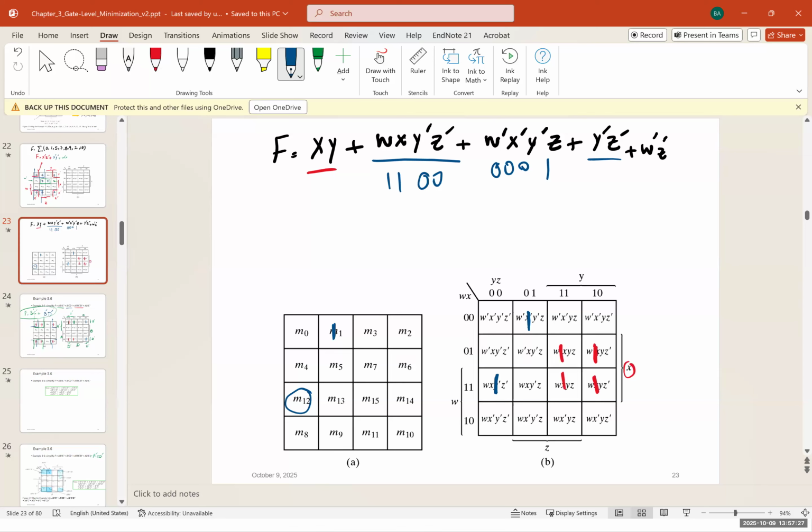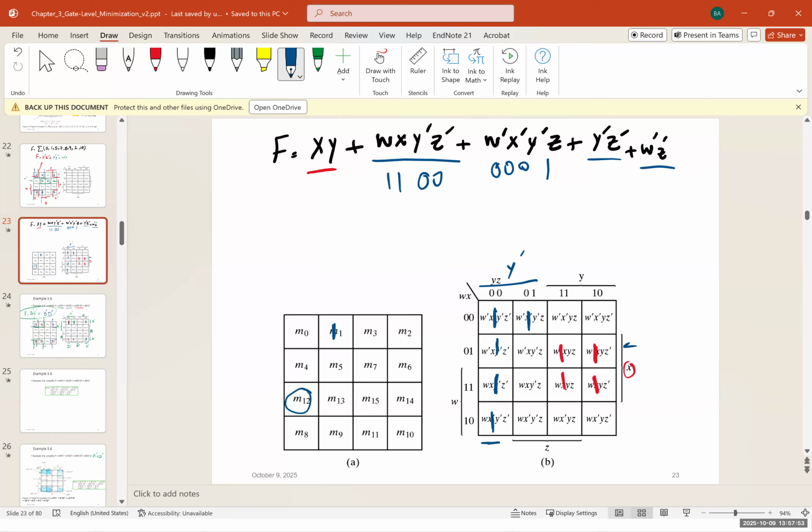And then we have y prime z prime. So this is y prime, and this is z prime. So all these four are going to be y prime z prime. And finally, we have w prime z prime. So w prime is going to be the 8 squares on the top, or these two upper rows.